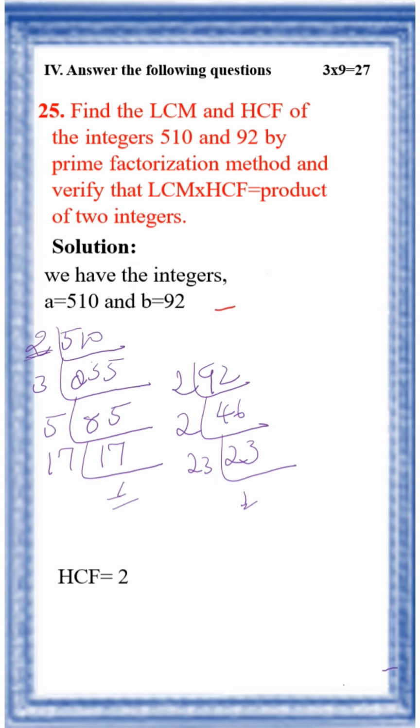For LCM, take 2 with the highest power, 2 square, which is 4, into 3 into 5 into 17 into 23, which is equal to 23,460.